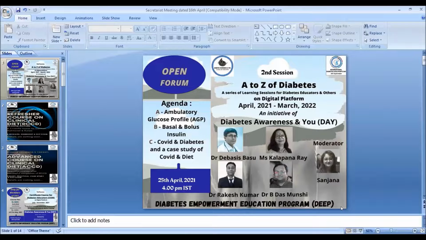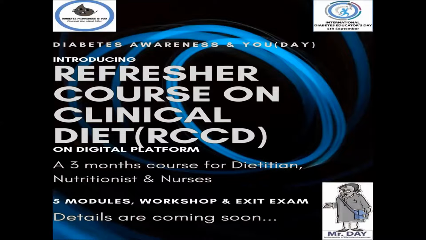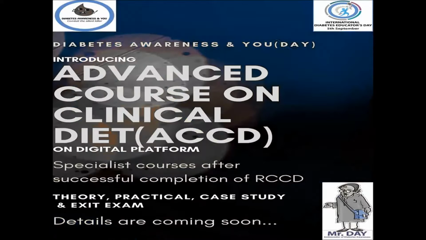So then I'm just sharing my screen. The refresher course on clinical diet, we published the first poster, and there will be another advanced course on clinical diet, ACCD, that will be starting from January 22.